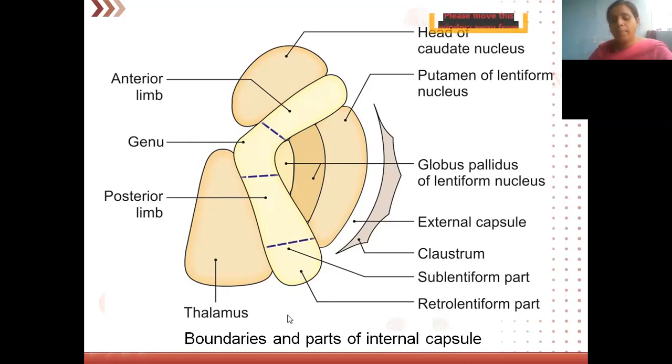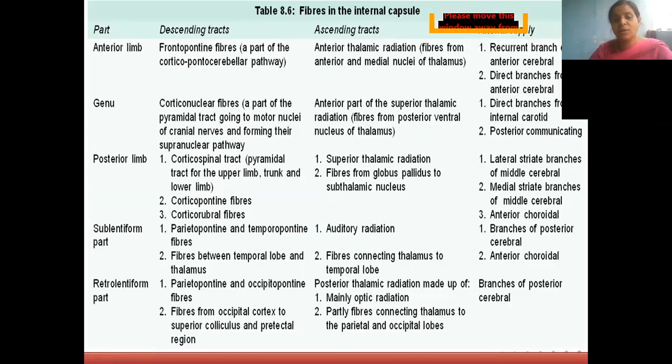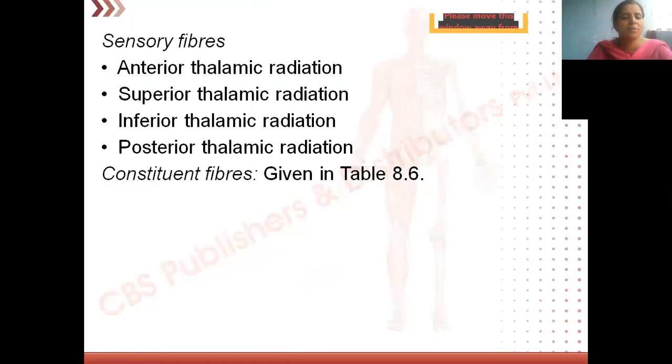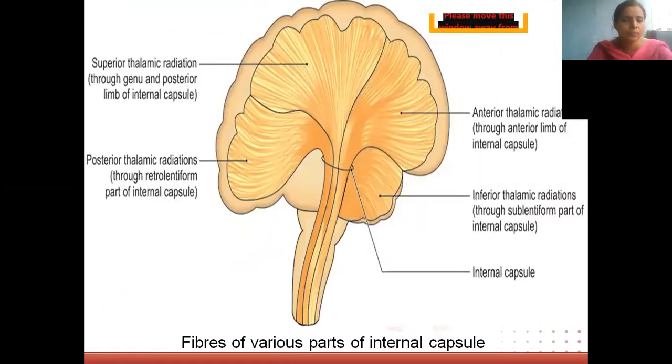This is also one of the parts of the white matter of the cerebrum, giving passage to the ascending and descending tracts. We have also studied the blood supply of these tracts. I told you, if there is any blockage in these blood vessels, there may be large deformities, because it is a gate through which all tracts are passing, and if any tract is damaged, the person will suffer paralysis or a lesion of that particular area, whichever tract has been damaged.